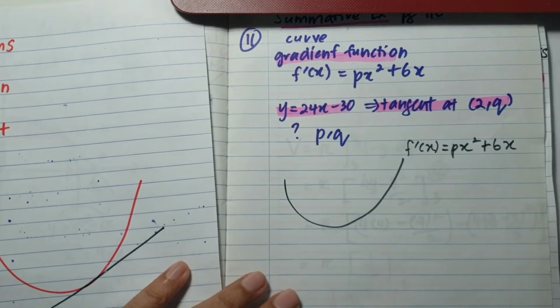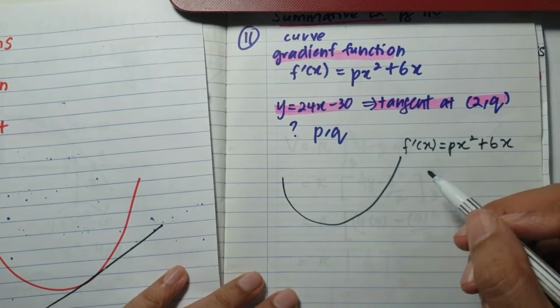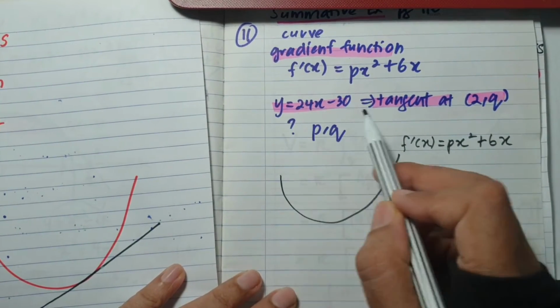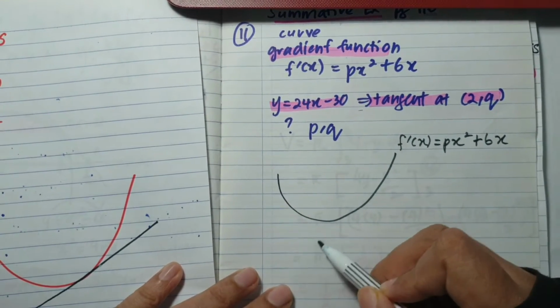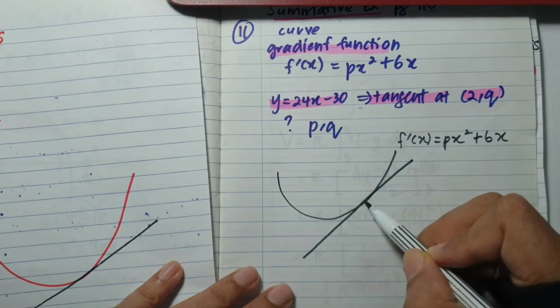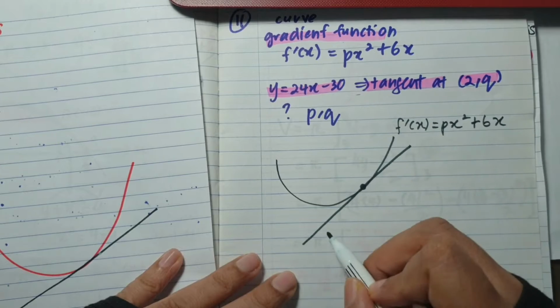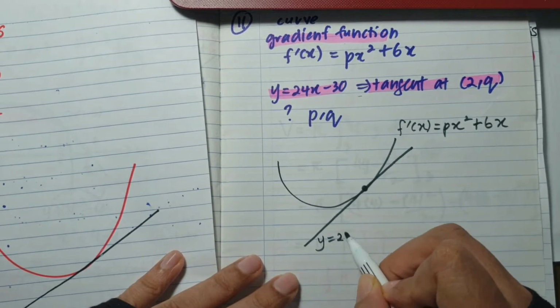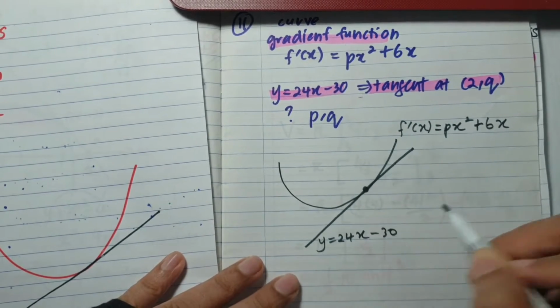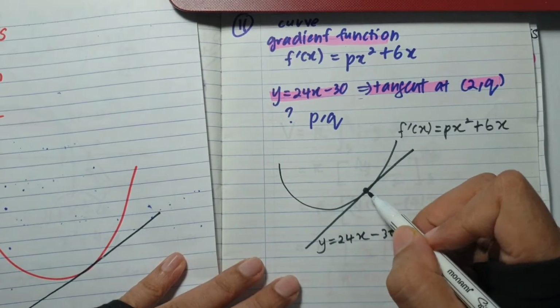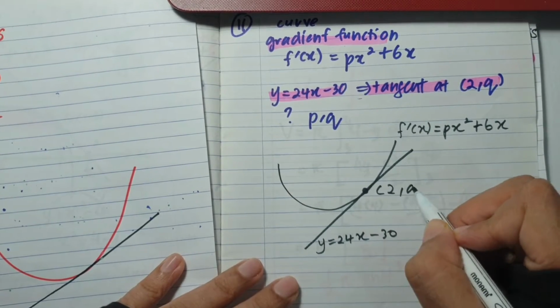Given this equation, you have a tangent there. The tangent touches the curve at a point. So the tangent equation is y equals 24x minus 30 and passes through point 2q.